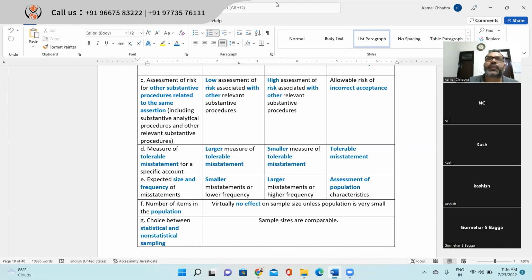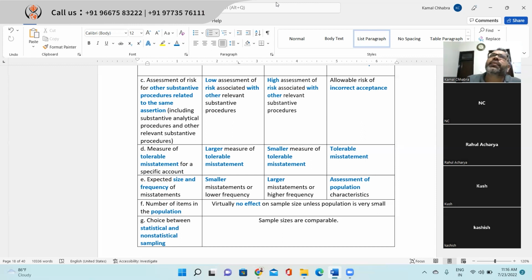When you have done the reconciliation, you have not found any mistake. In that scenario, it will give you more comfort and you will select a smaller number of samples. Make sense? Are you guys with me? Yes, sir.